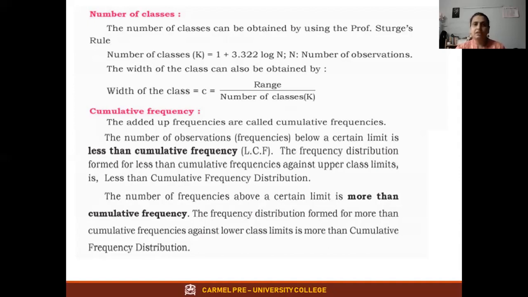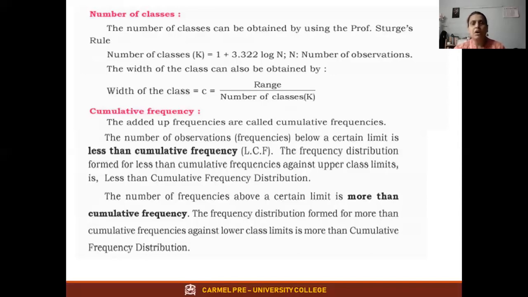Correction factor is the upper class limit minus lower class limit of the previous class divided by 2. So 4 formulas you need to learn and be thorough with: range, width, class mark or midpoint, and correction factor.